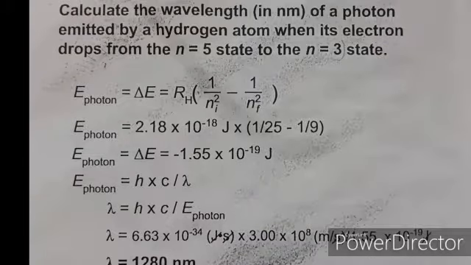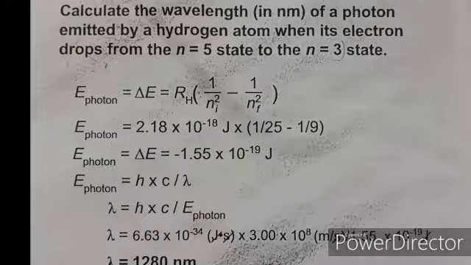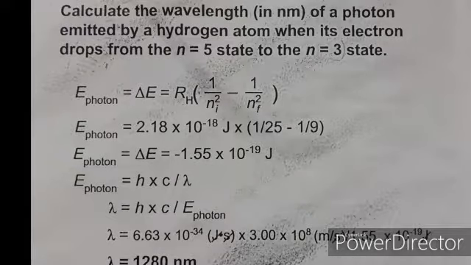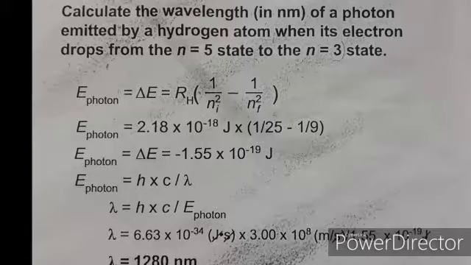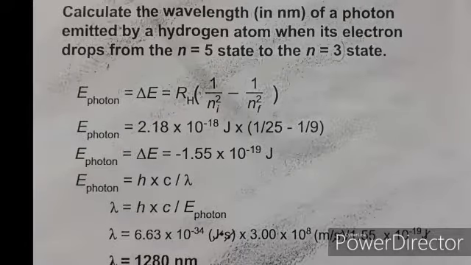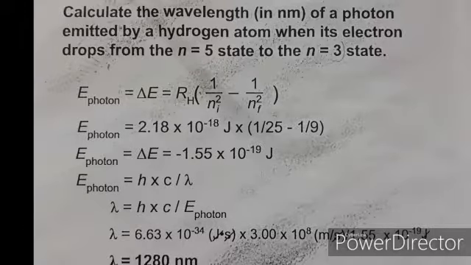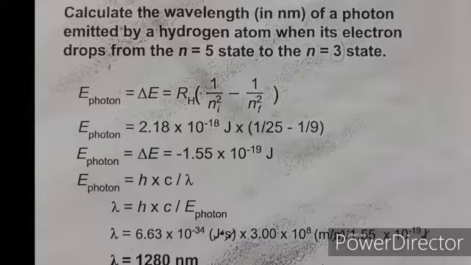So you can substitute the values: h is 6.63 multiplied by 10 to the power of negative 34, c is 3 multiplied by 10 to the power of 8, divided by the answer that we got, and then you will get the answer.